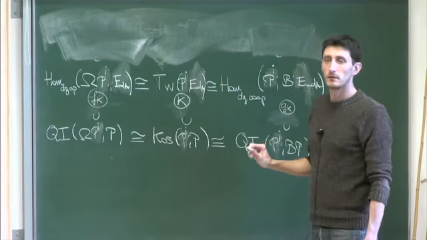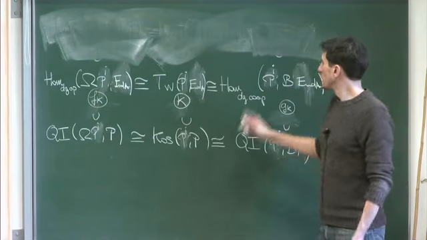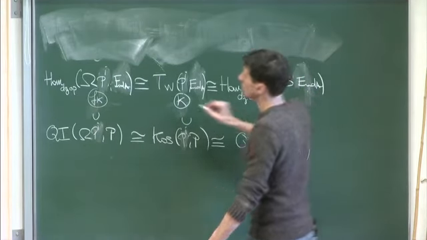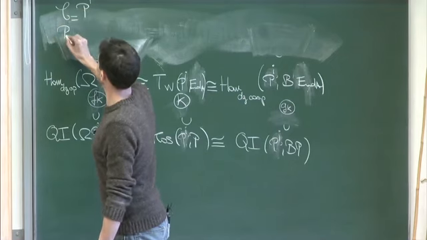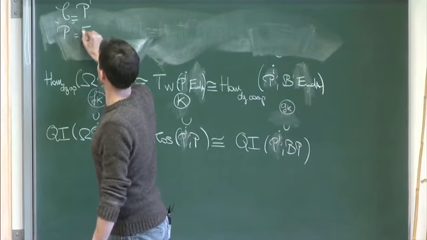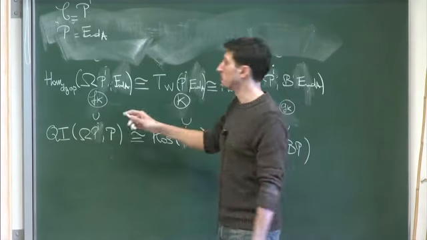Do you agree? I just applied the main theorem to C equals P anti-Schrick, and to P equals the endomorphism operad. Okay, let me say what it means.